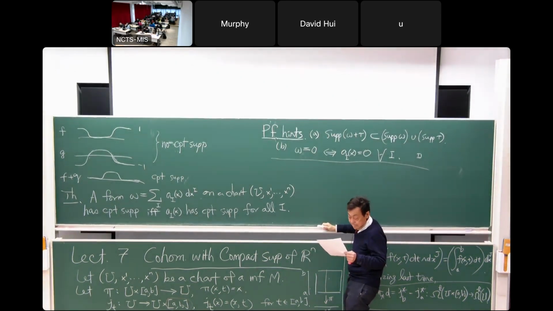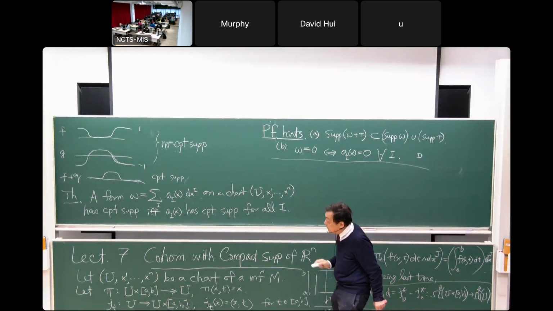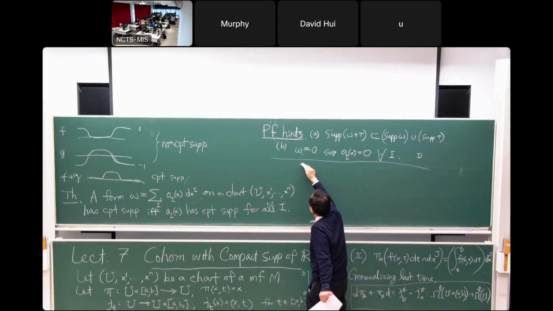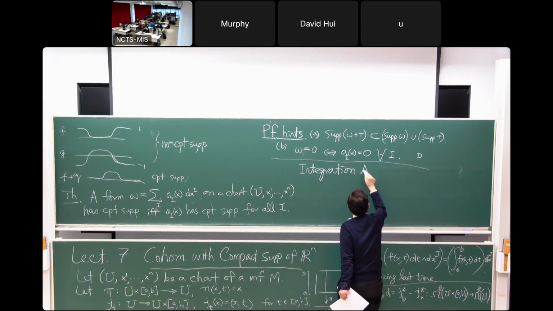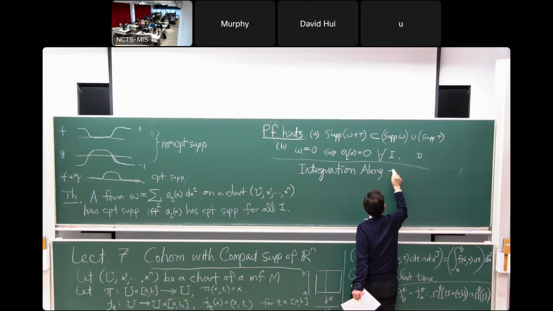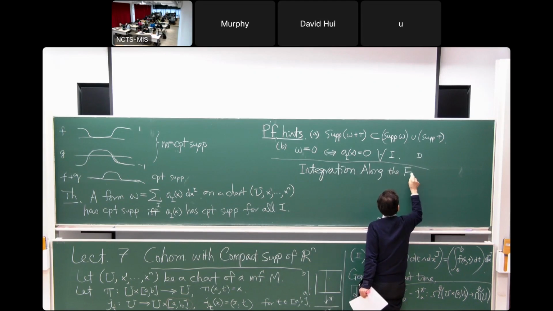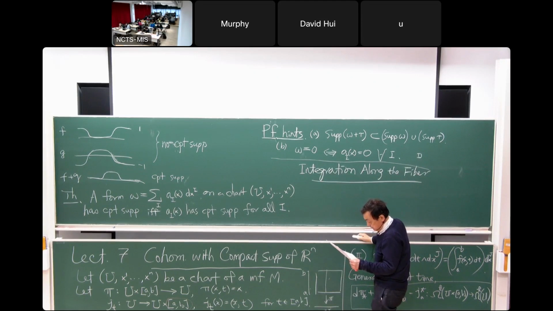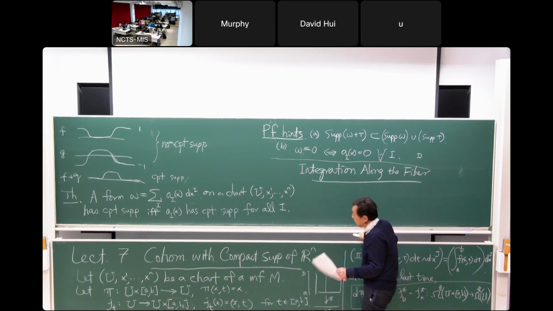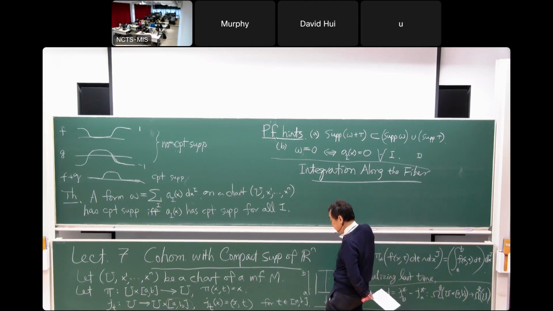And so now we can define integration along the fiber when the fiber is the entire real line. Yeah. So, well, it's actually the same definition.